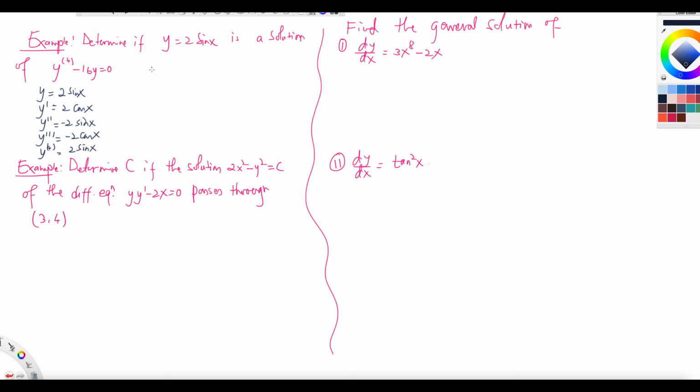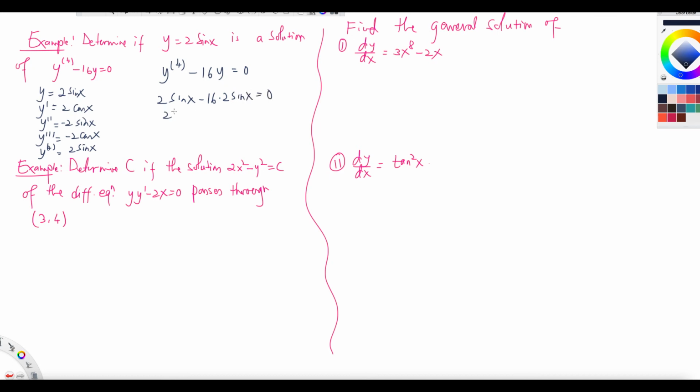So what do we get here? y fourth minus 16y equals 0 gives 2 sine x minus 16 times 2 sine x equals 0.